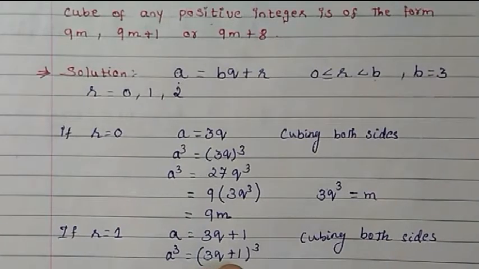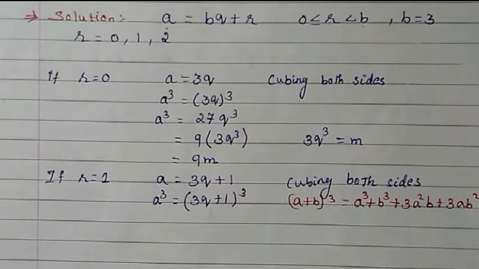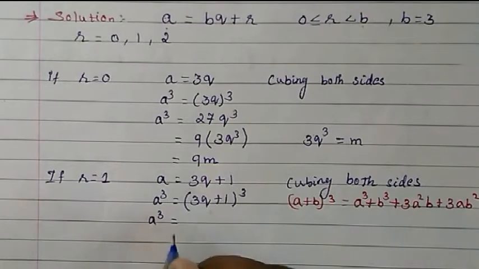Can you see it is in the form of a plus b whole cube? So what is that expansion that you have learned? a plus b whole cube is equal to a cube plus b cube plus 3a square b plus 3ab square. So now we just have to put it in this expansion form.